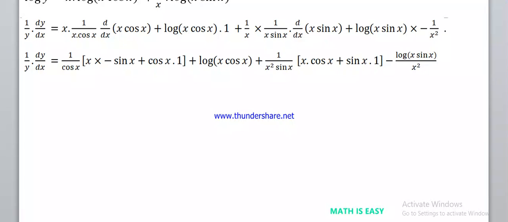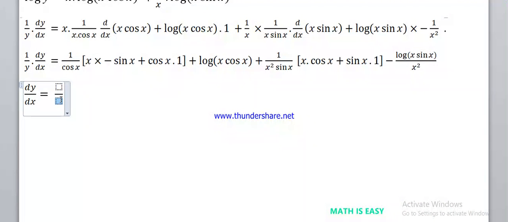Yeah, what I do is keep the simplest way, the answer. So here it will come dy by dx, sorry, is equal to, let me take the fraction first here.